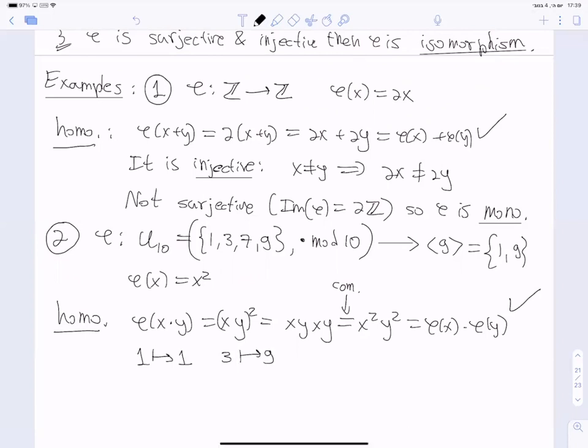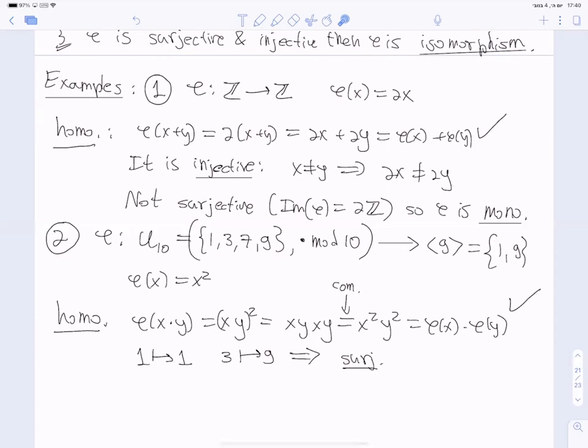So it is surjective. Of course, it cannot be injective, because you go from 4 elements to just 2. So you have a non-trivial kernel here.